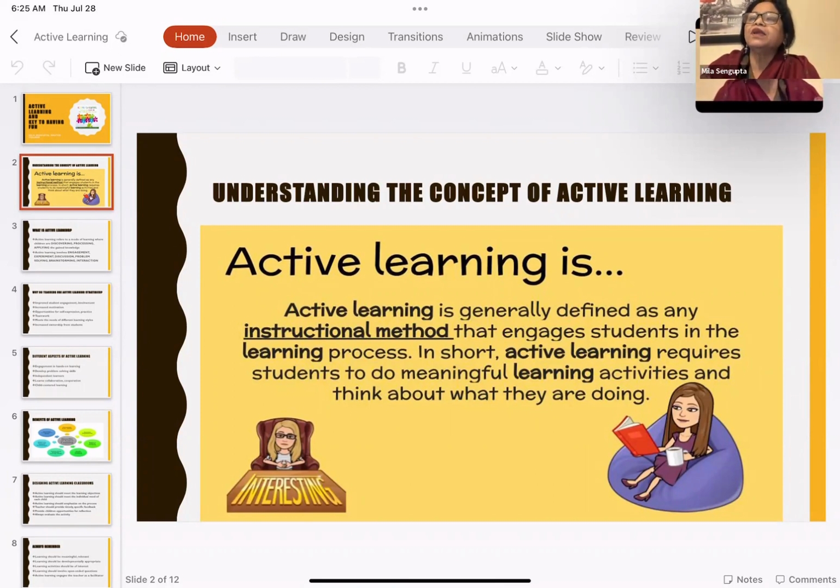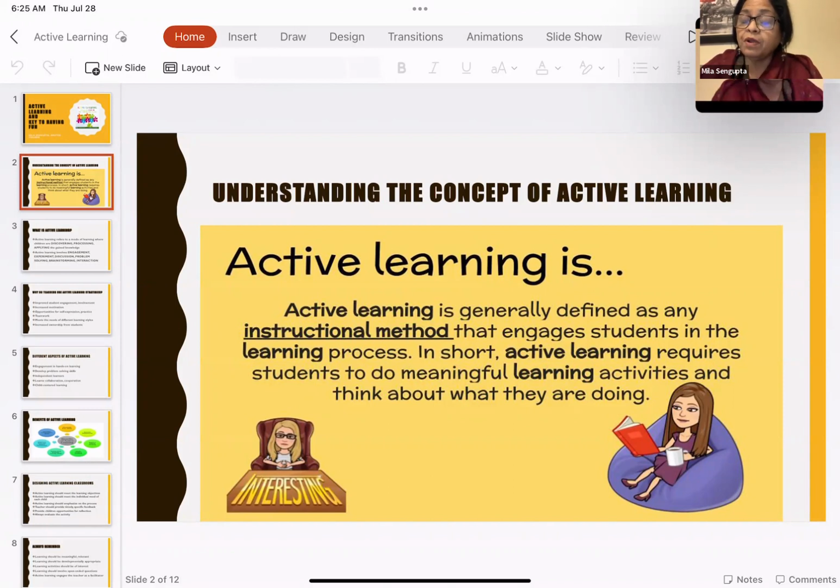Active learning is generally defined as any instructional method. Instructional methods can be of a wide variety. It can be engaging, where children are engaged together with the teacher, or it could be just a lecture kind, where the teacher is the one who takes the most initiative.